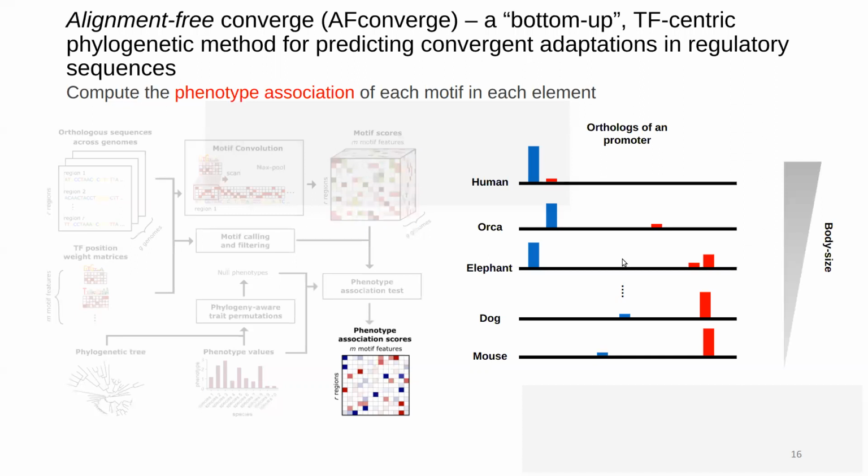You can think of a specific example looking like this, where our phenotype of interest is body size, and we're looking at a specific orthologous promoter. Here we have a motif that is on average gained as you increase in body size, and the red motif is on average lost, but we're not taking any position information into account, just the presence or absence of this motif signal.